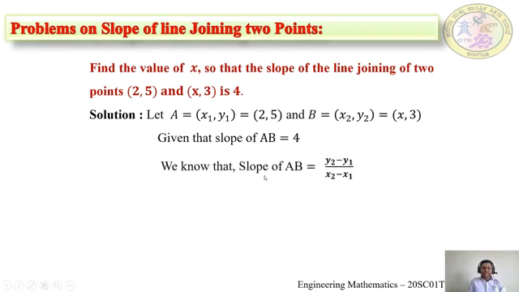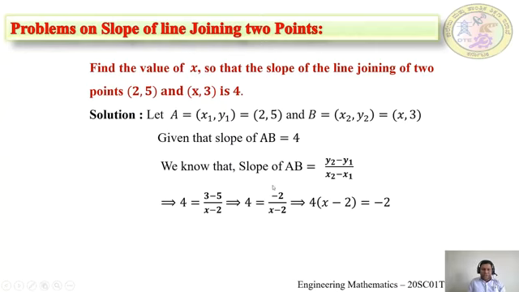Then we know that the slope of line AB is equal to y2 minus y1 divided by x2 minus x1. Then we have to substitute the values for y2, y1, x2, x1. Here y2 is 3 and y1 is 5, x2 is x and x1 is 2.